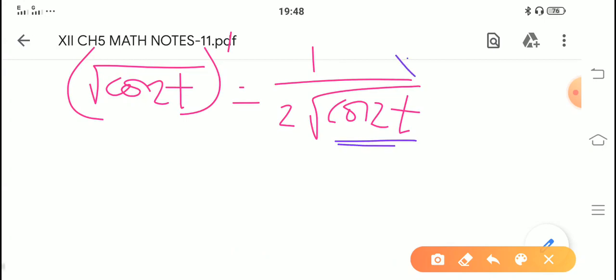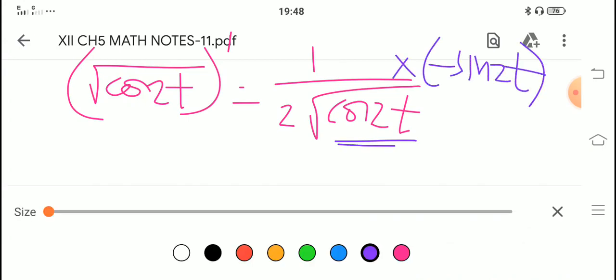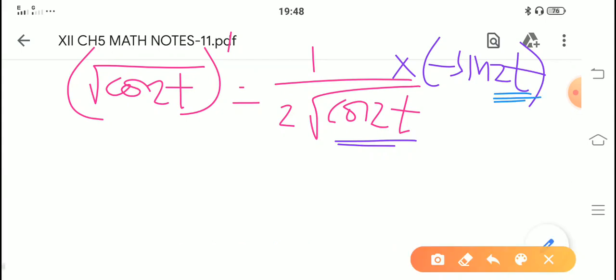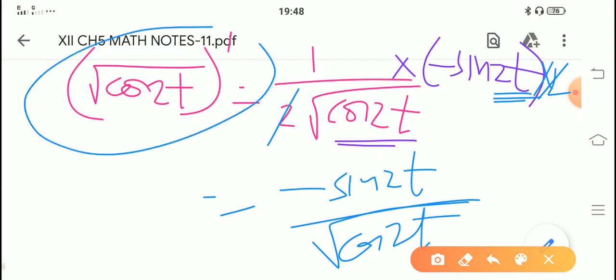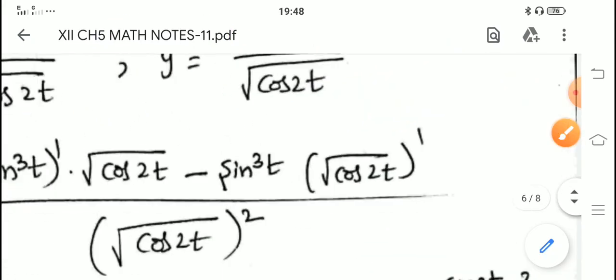The derivative of cos 2t is minus sin 2t. Then the derivative of 2t is 2, like this. So 2 gets cancelled. After simplification, minus sin 2t by root cos 2t. That is the derivative of root cos 2t. So see this one. That's what I did here.